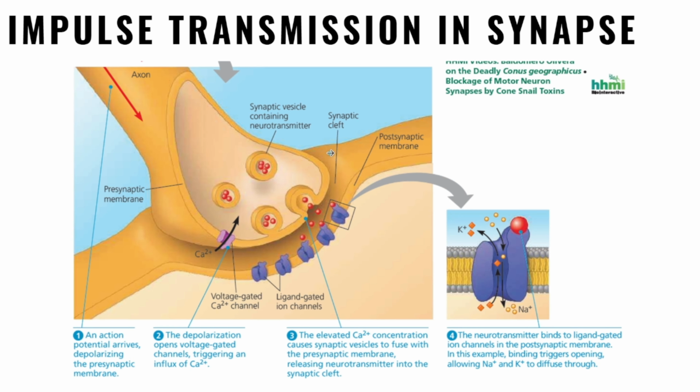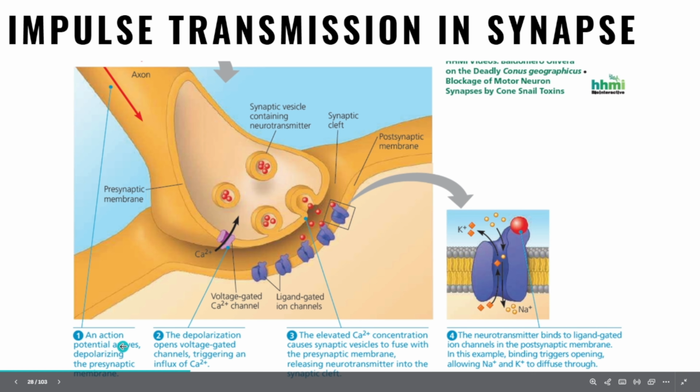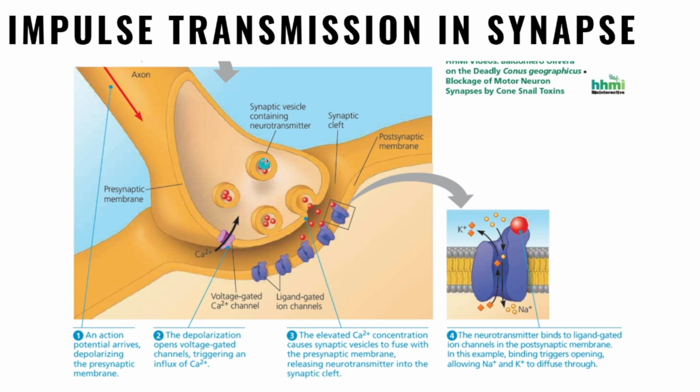Okay, so how is the impulse transmitted in the synapse? I think you also learned this in SPM, but SPM is just a go-through, not very detailed. When the action potential arrives at the presynaptic membrane of the axon, it starts to depolarize the presynaptic membrane. What happens when the presynaptic membrane is depolarized?